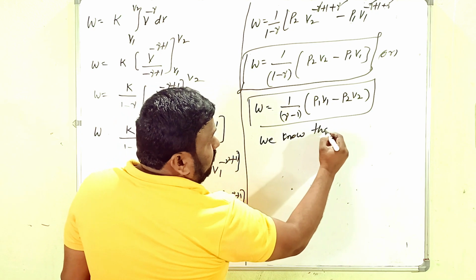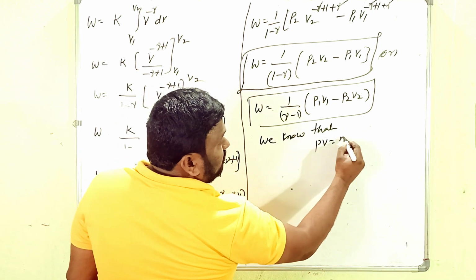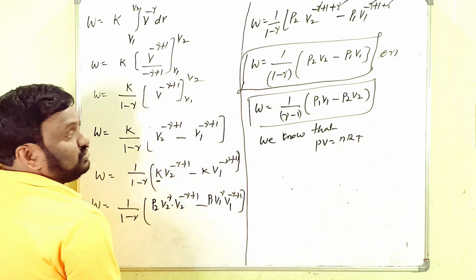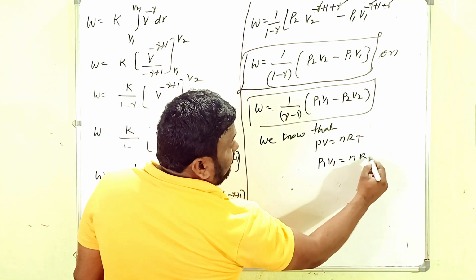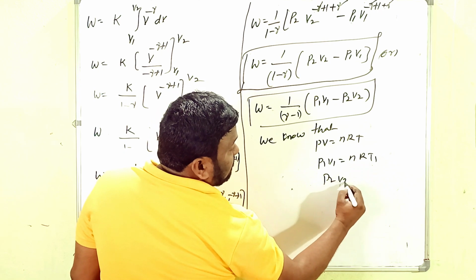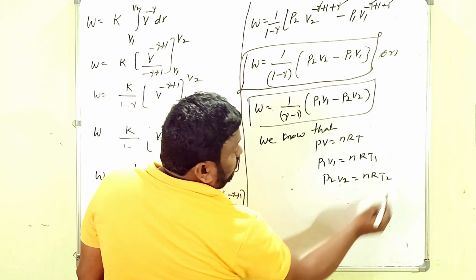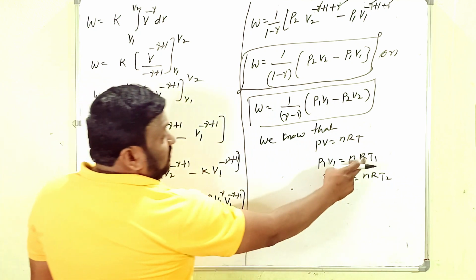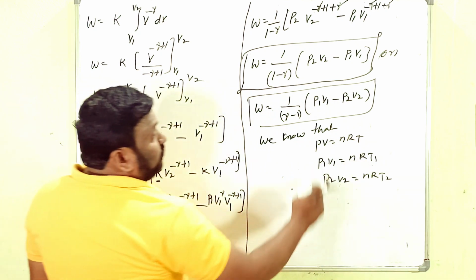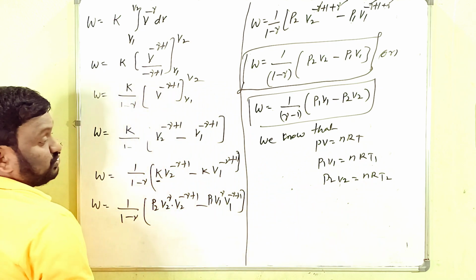So we know, children, the ideal gas equation: PV is equals to nRT. Then P1 V1 is equals to nRT1 and P2 V2 is equals to nRT2. Because n is the number of moles of gas, it is constant. R is the universal gas constant. The only variable thing is T1 and T2 here.